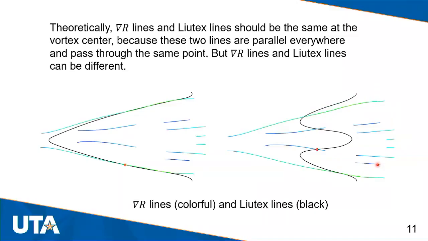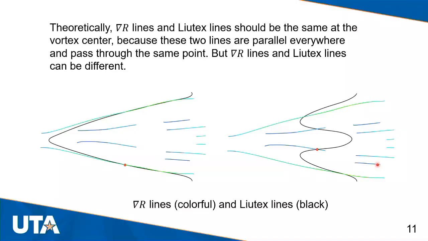And based on our definition, at the vortex center the gradient line and the vortex line should be the same, right? Because we require them to be parallel. If they are parallel everywhere and they pass the same point, the two lines should be the same line.